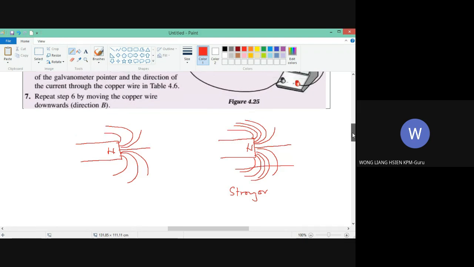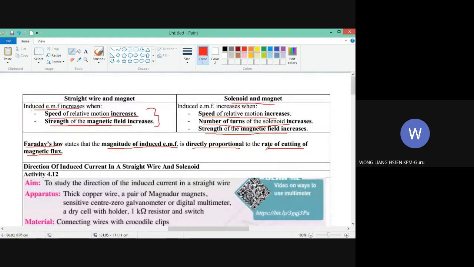Get the idea or not? The rate of cutting of magnetic flux is also high if you use a stronger magnet. Understand or not? Because you can cut many magnetic flux lines at the same time, that means you can cut the magnetic flux faster.